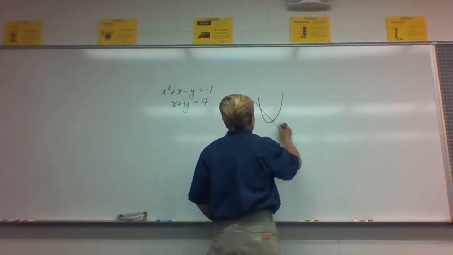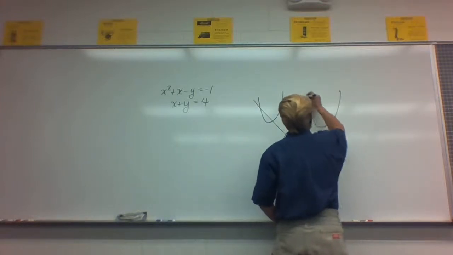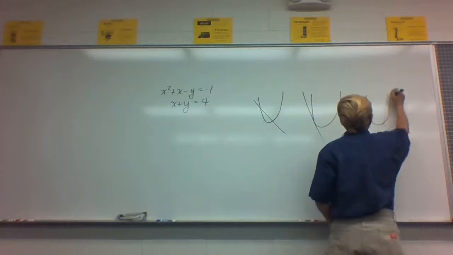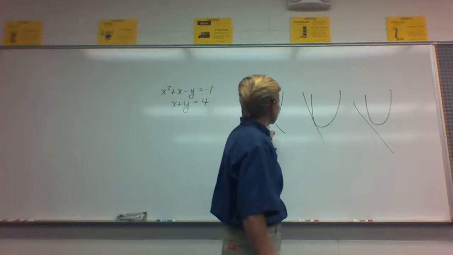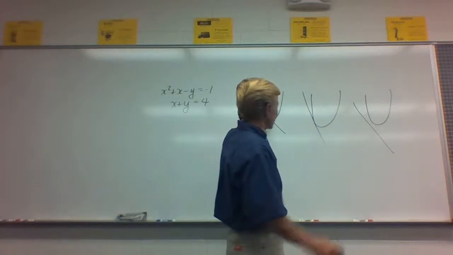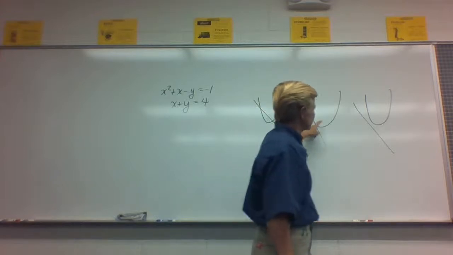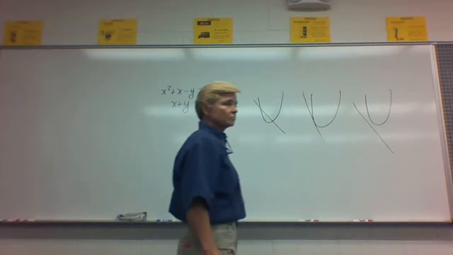Either the line will hit it twice, or the line might just snug by it and hit it once, or the line might never hit it at all. So you'll either get 2 solutions, this point and this point on that grid if we graphed it, or perhaps no points at all if we graphed them and found out that they didn't cross.